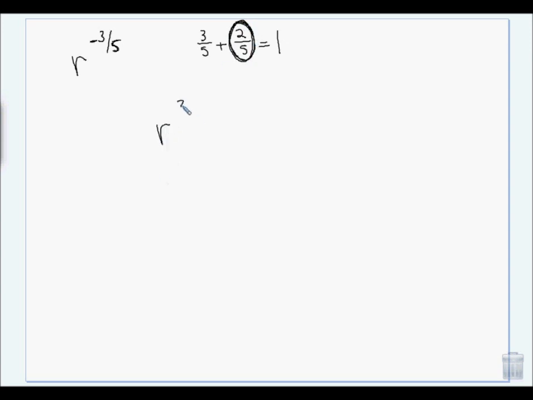Take that and put it over one of them. So if I had x to the negative 4/7, to turn this into a 1 is going to be 3/7, right? Because 4 plus 3 is 7. Does that make sense? So it's just a shortcut. You don't have to do all the multiplication. But you understand why this becomes this now.